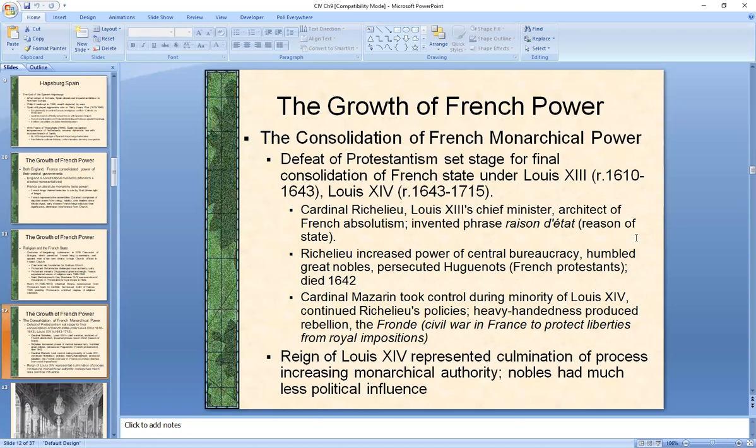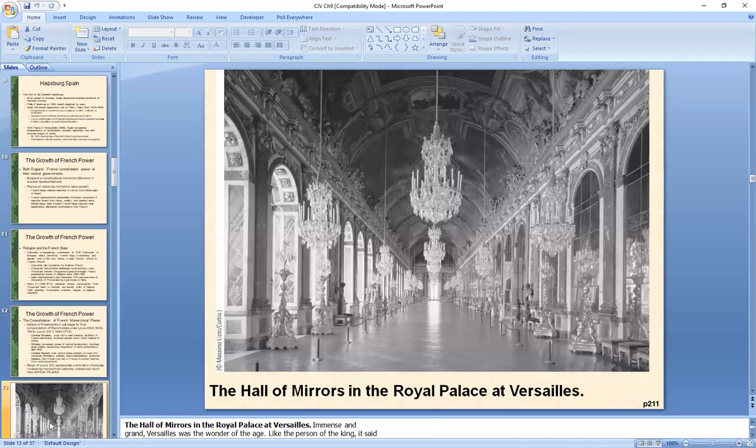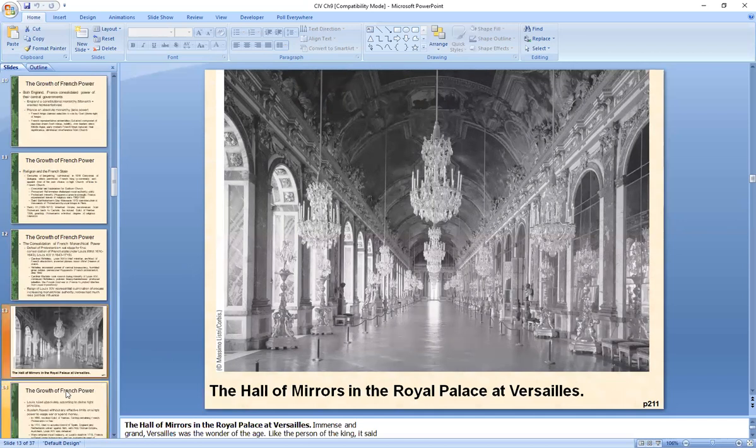He increased the power of the monarch, but decreased the power of the nobles, which helps lead to more French monarch power. The nobles had much less influence, starting with Louis XIII and then going into Louis XIV as well. And this is the Hall of Mirrors at the Palace of Versailles.